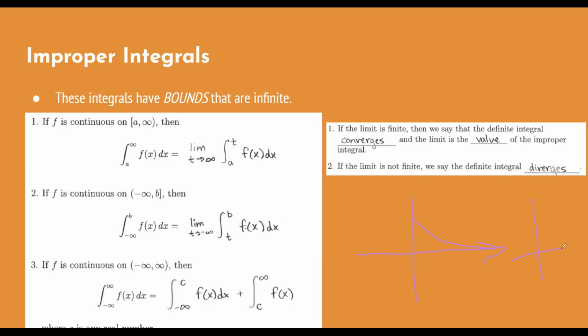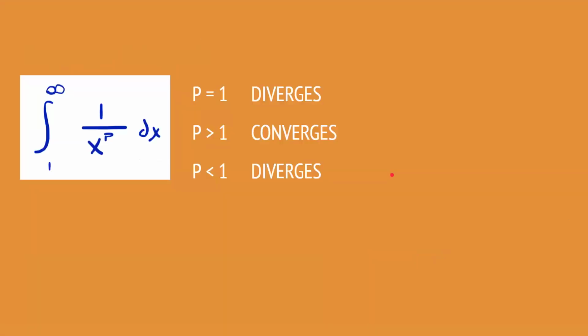Whereas if it diverges, it's like too bad, it never does get somewhere. So technically the area under the curve is not a finite number or the limit that we would end up getting. And there's a sneaky way that you're able to figure out whether it will diverge or converge. If you get an integral like this, where it's 1 over x to some power, if it's just x by itself, it will diverge.